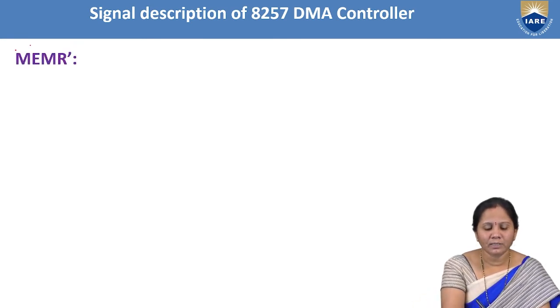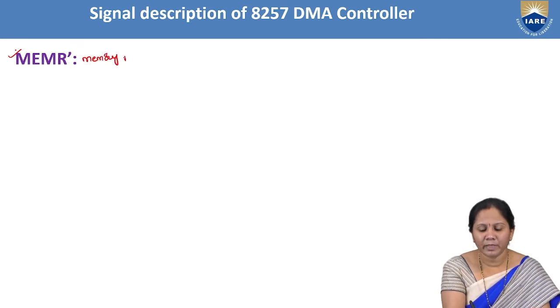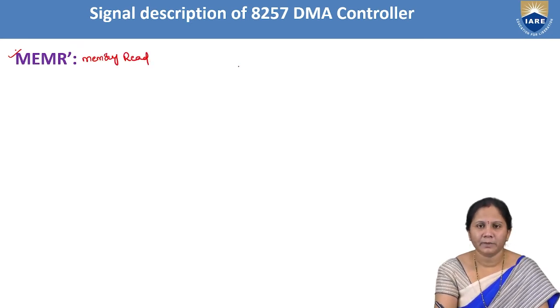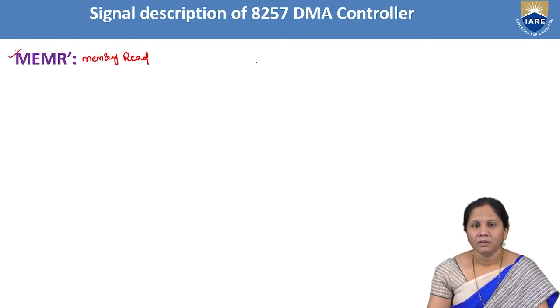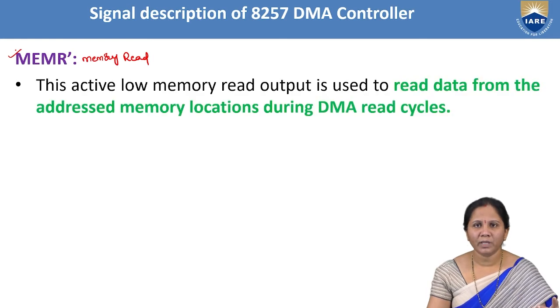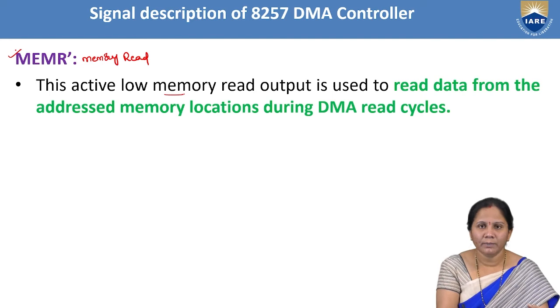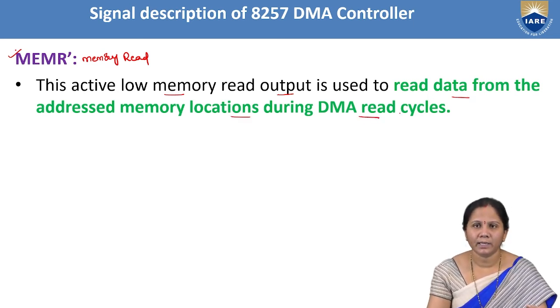And the next one is MEMR bar. It is an active low signal. It represents memory read operation, where the 8086 microprocessor is going to read information from the memory. Especially, it is an active low output signal which is used to read data from the memory during the DMA read cycle.